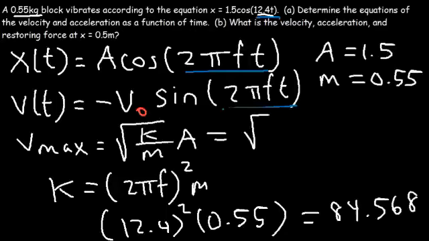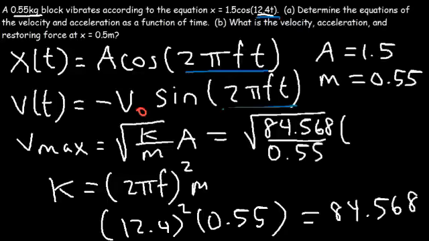So that's going to be the square root of k, which is 84.568, divided by m, which is 0.55, times the amplitude of 1.5. So 84.568 divided by 0.55, that's 153.76. And the square root of that is 12.4, times 1.5.